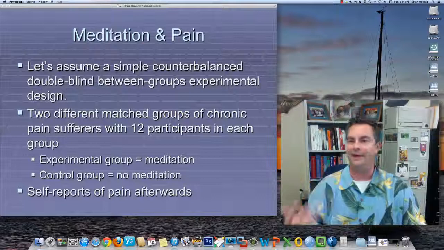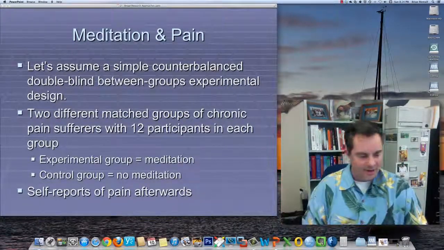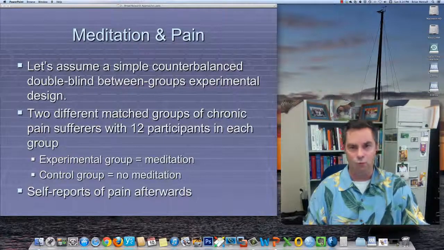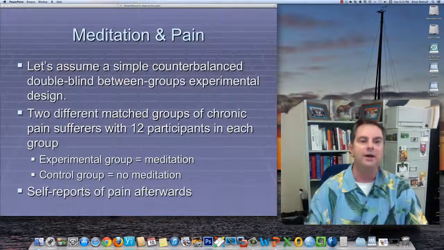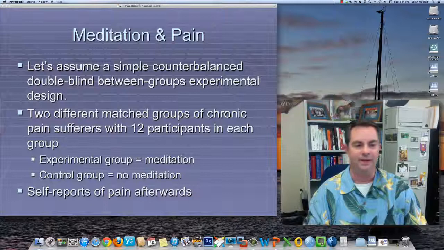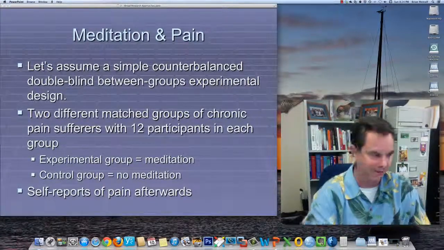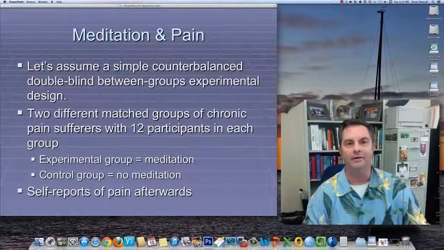On a scale of 1 to 10, how much pain are you in? 0 is pain-free. 10 is the screaming heebie-jeebie kind of pain that you can't imagine being worse. So on a scale of 0 to 10, how much pain are you in sometime after the meditation? And again, we'll have clearly defined whether it's 1 day of meditation or 100. Okay, that's all. We'll imagine that's all taken care of.